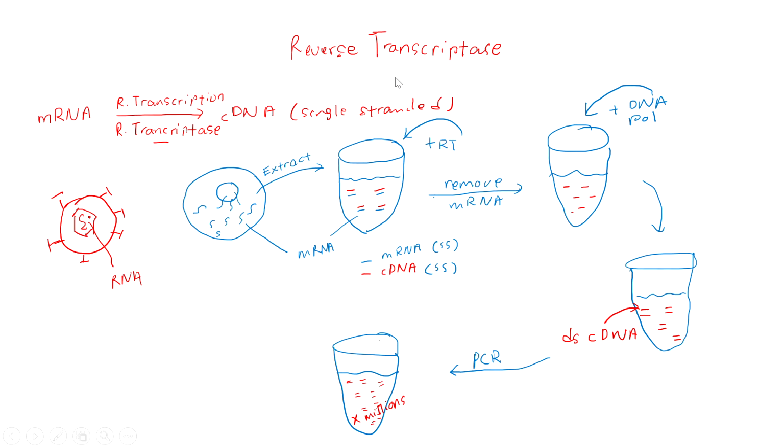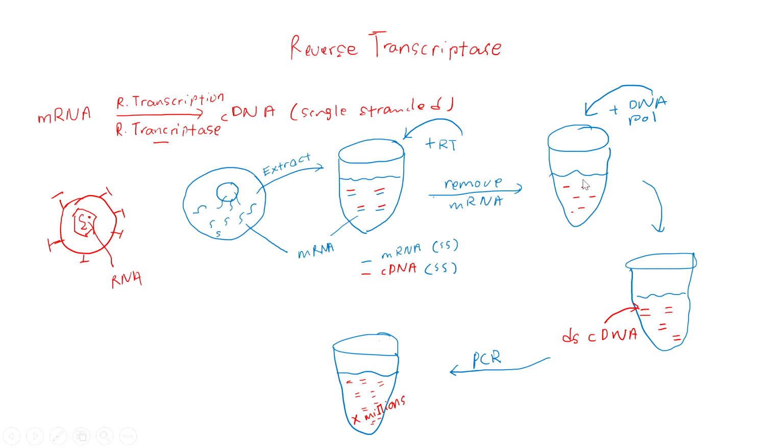Reverse transcriptase enzyme is involved in reverse transcription. The process of reverse transcription looks something like this, where you isolate the mRNA from the cells, mix it with reverse transcriptase enzyme, and it will form the complementary cDNA.